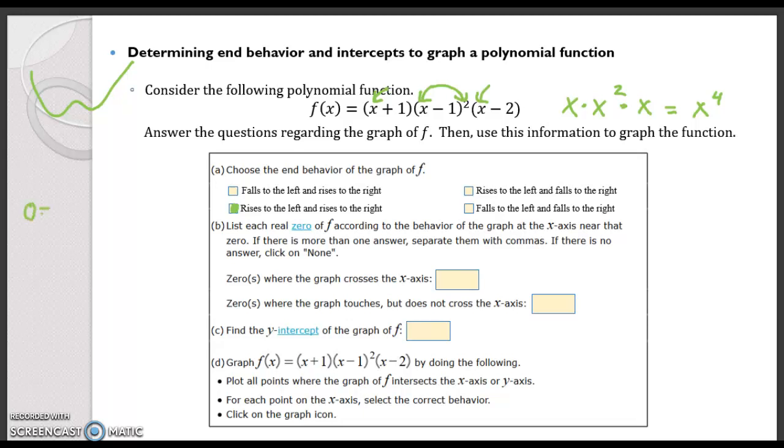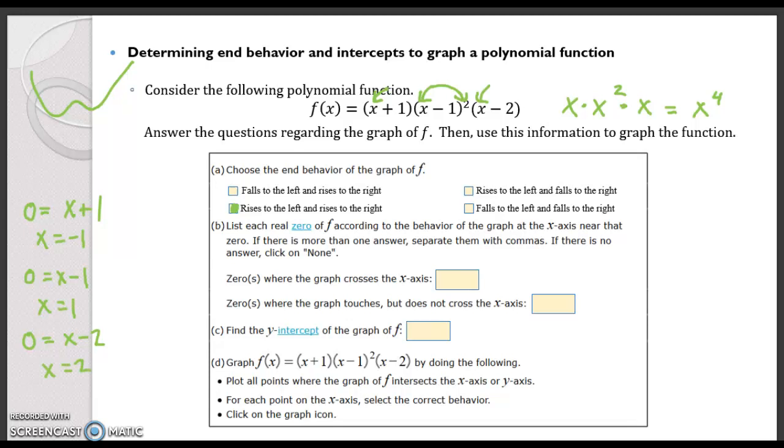Our zeros happen by setting each of our factors equal to 0. So we end up getting x equals -1, x equals +1, and x equals 2.